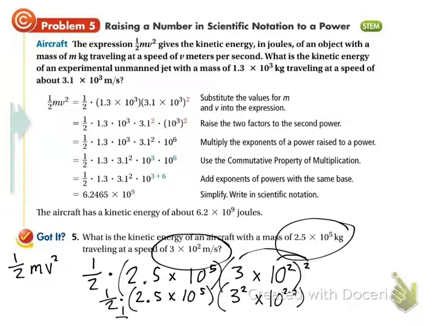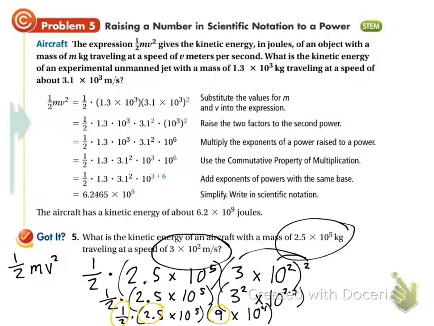So again, the 1/2 times 2.5 times 10 to the 5th. 3 squared is 9, so this is 9 times 10 to the, and 2 times 2, that's 4. Okay, and now it's just like when we did multiplying in scientific notation earlier. So I need to do, here I'll put colors on them. I need to multiply these 3 numbers.